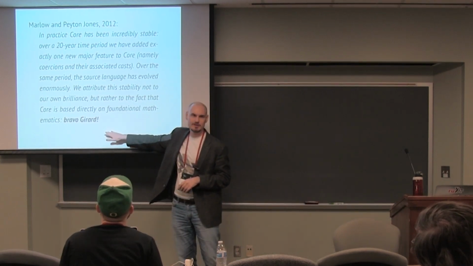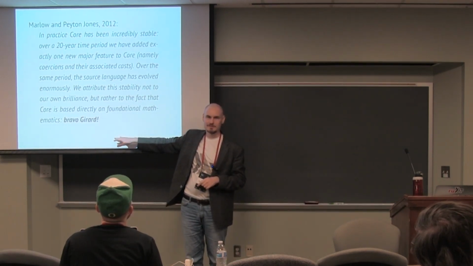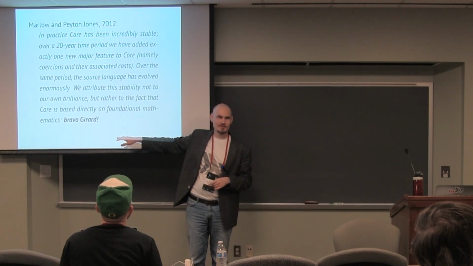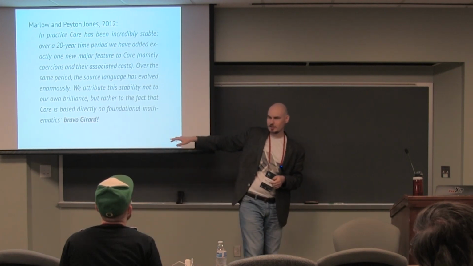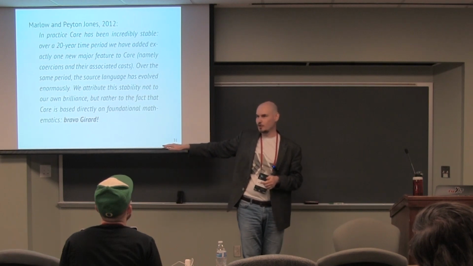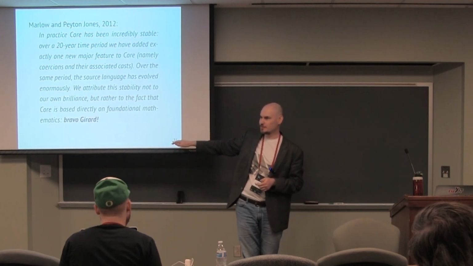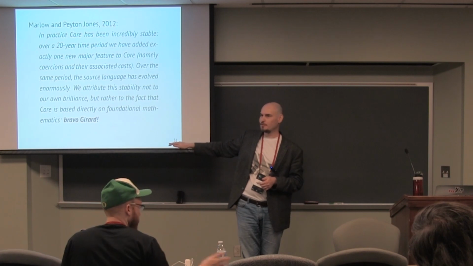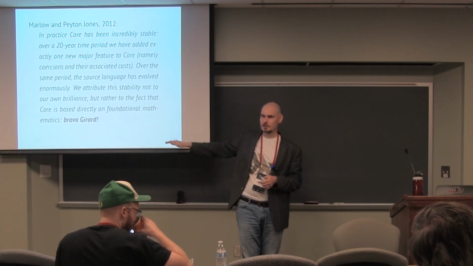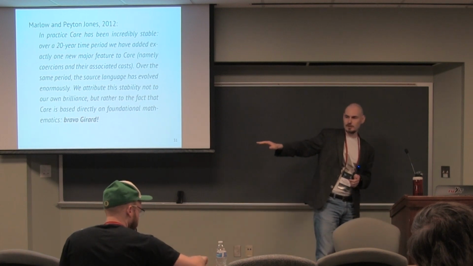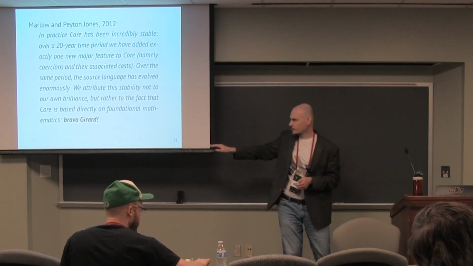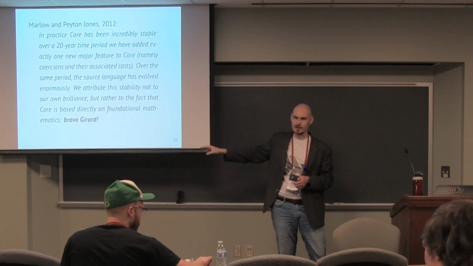But still, bravo Girard. Do you know who this Girard is? Someone who came up with the Core. Yeah, it's the logician who invented or discovered System F, the so-called polymorphic lambda calculus. Girard, and there is also Reynolds, who did the same thing in the realm of the theory of programming languages.